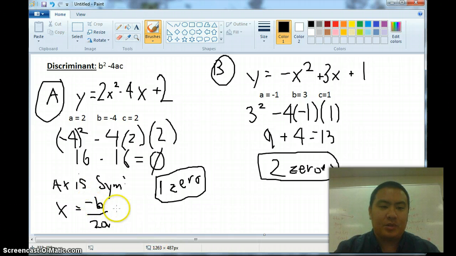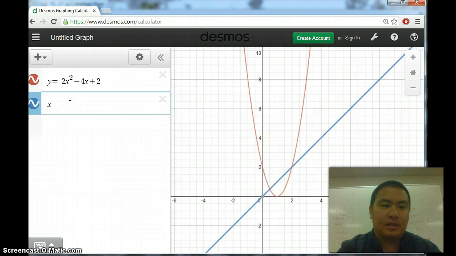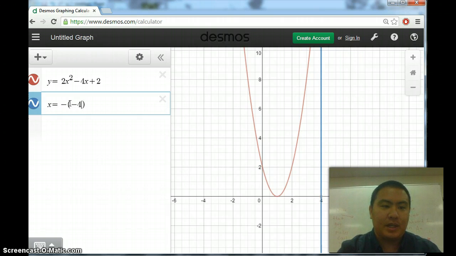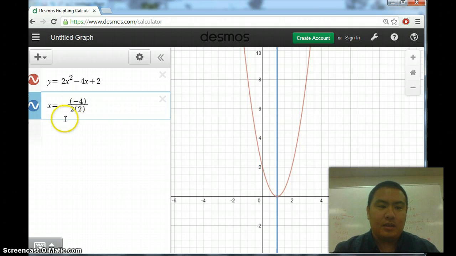The axis of symmetry is x equals minus b over 2a. That'd be x equals minus b, that'd be minus negative 4, all over 2a, that'd be 2 times 2. Ooh, look at that. See this blue line is cutting right there. That's the axis of symmetry.